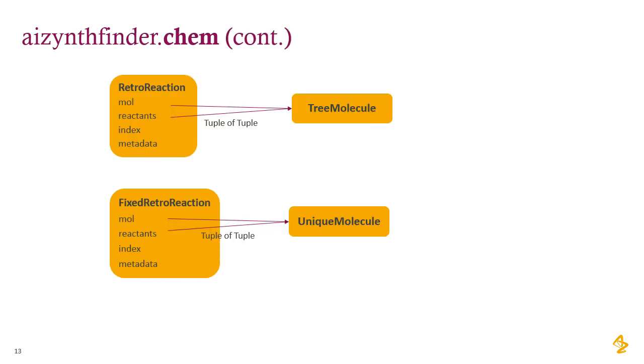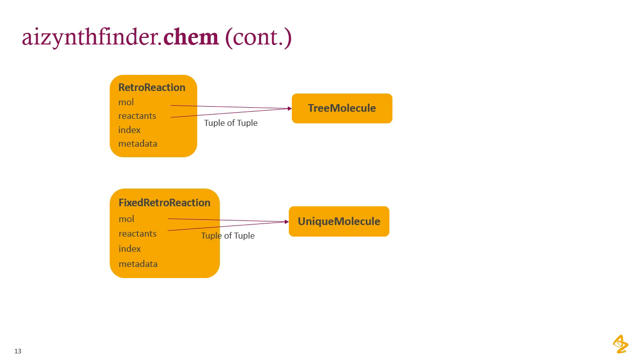So this slide highlights the differences between the retroreaction classes and also shows the difference between a tree molecule and a unique molecule. A retroreaction class is used in a search to expand the search tree and create new molecules.